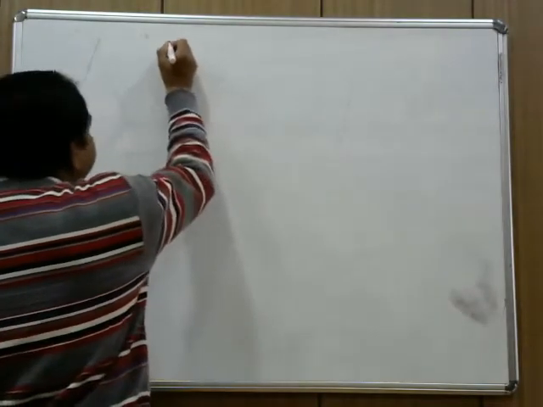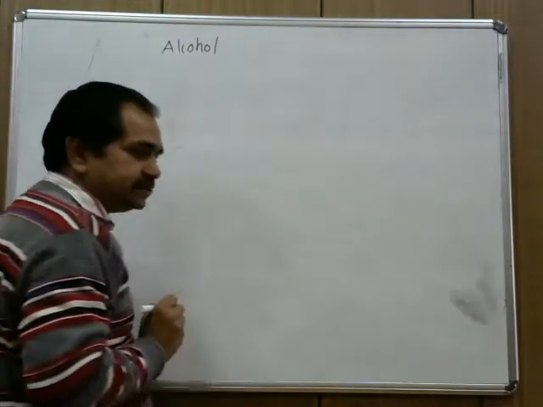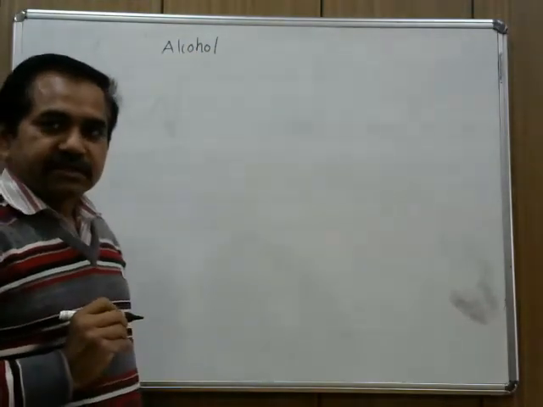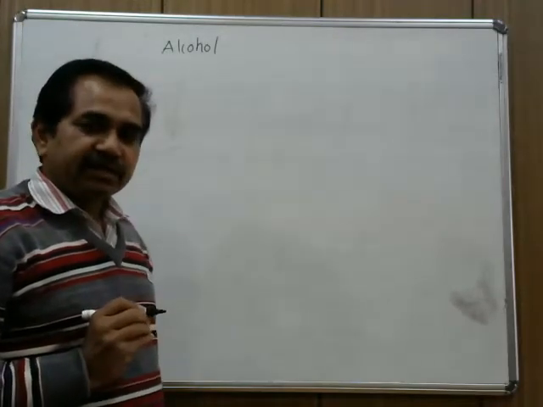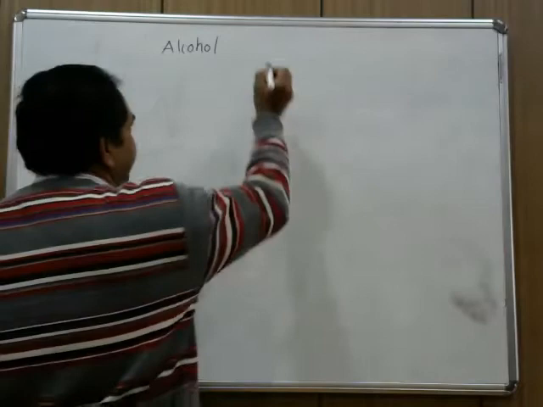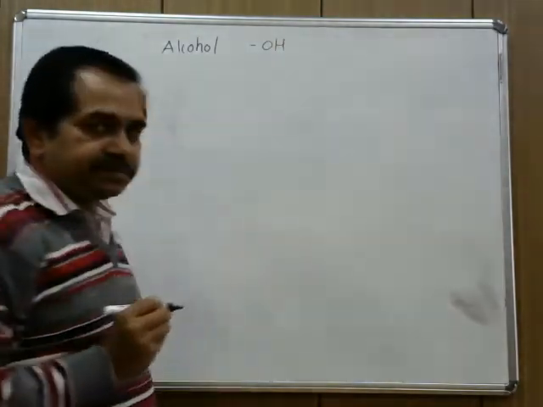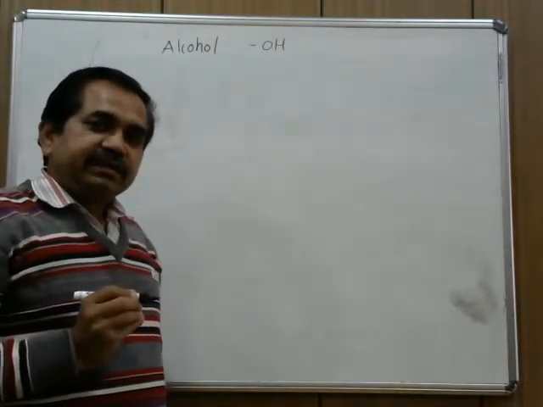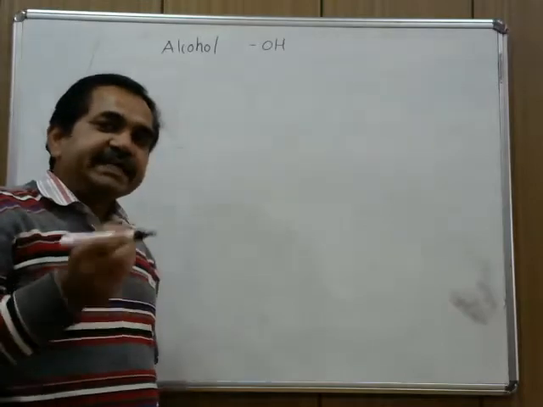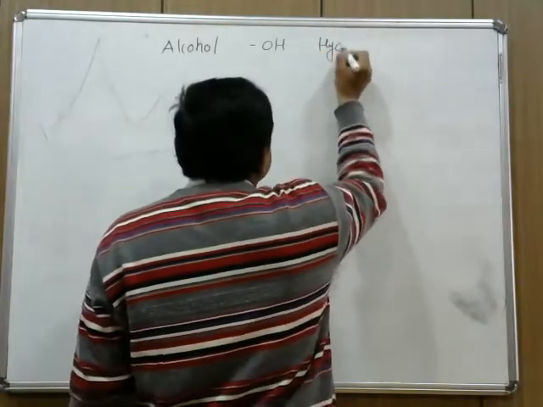So first I have written this class of compound, alcohol. What is the functional group for alcohols? It is this OH group. When the OH group is treated as a substituent, the word hydroxy is used.